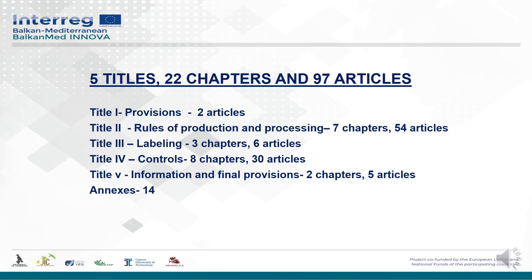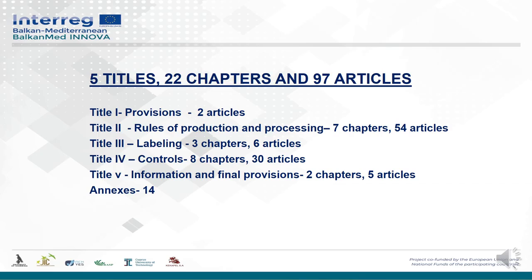In this slide, I wanted to remind what I have presented previously and to have a general idea of the regulation. The regulation has 5 titles, in total 22 chapters and 97 articles. And here you have the list of the titles.